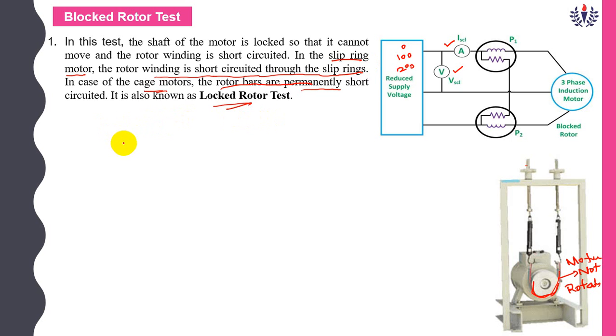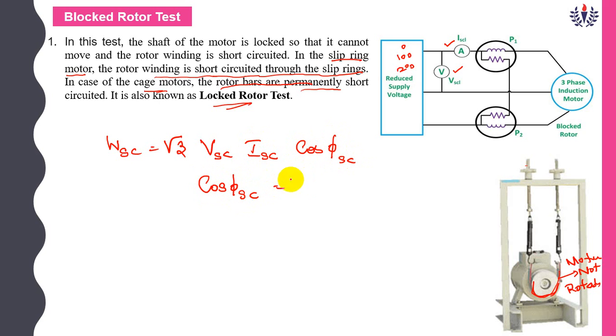Now here the power WSC is equal to root 3 into VSC into ISC into cos phi SC, where VSC stands for short circuit voltage. Therefore the power factor cos phi SC equals WSC by root 3 VSC ISC.